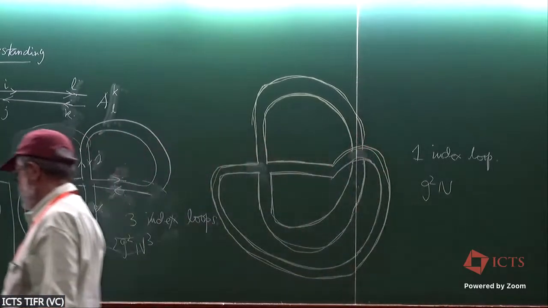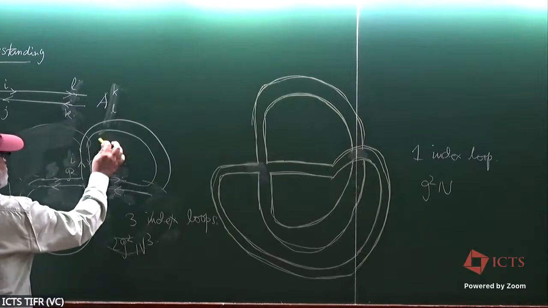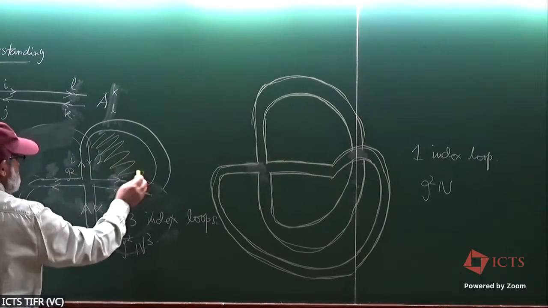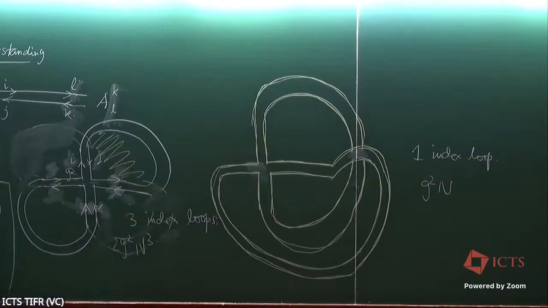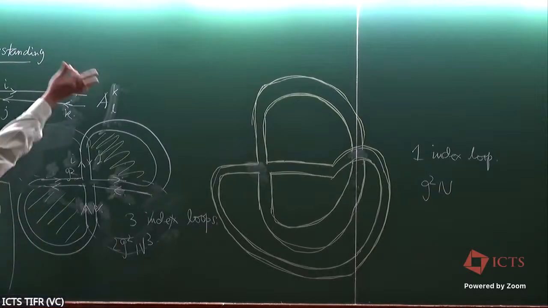So this index loop has yellow. This index loop has green. And the outer index loop is drawn on a piece of paper, so you should fill it up on the outside.